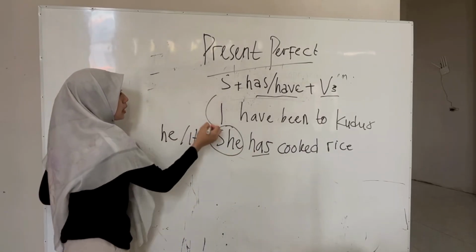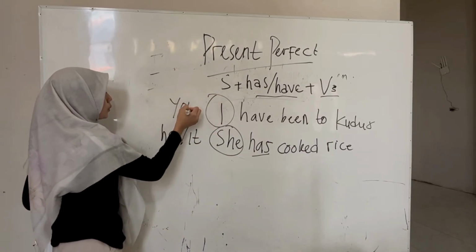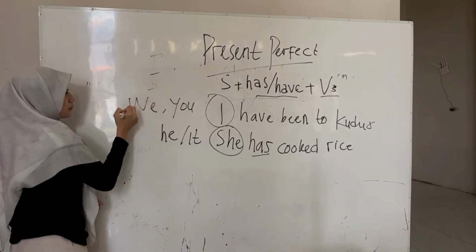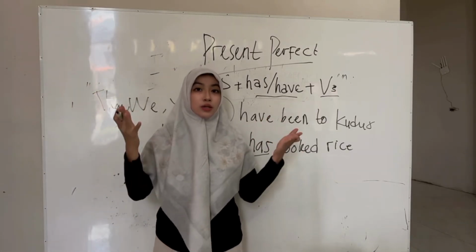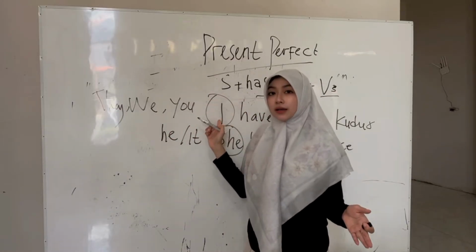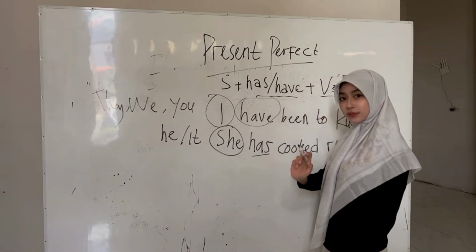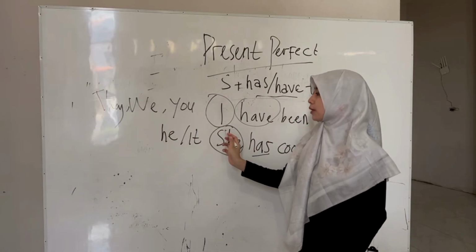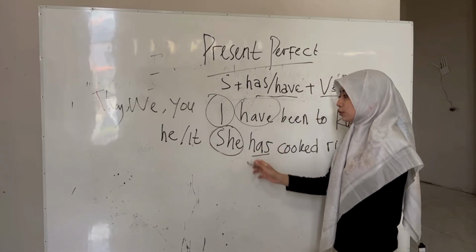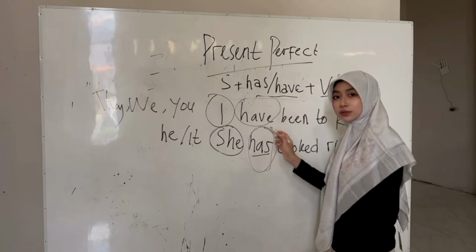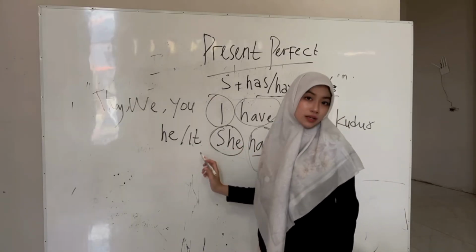And for the subjects I, you, we, they, we use have. And remember that we use has for he, it, she. We use has for the subject she, he, it.